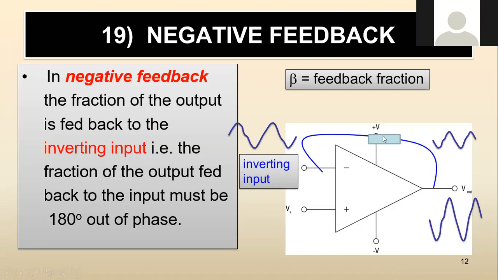We decide how much feedback fraction, right? You want smaller or bigger? So when this is added to this waveform by the principle of superposition, the net waveform is smaller. So that's why you find that as we feed it in, the overall gain becomes smaller.